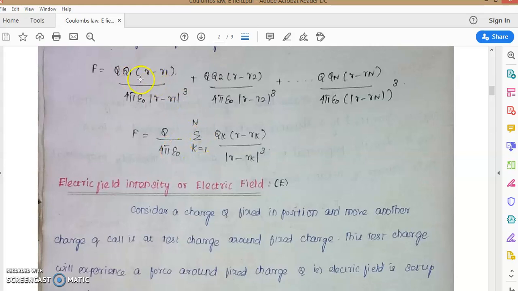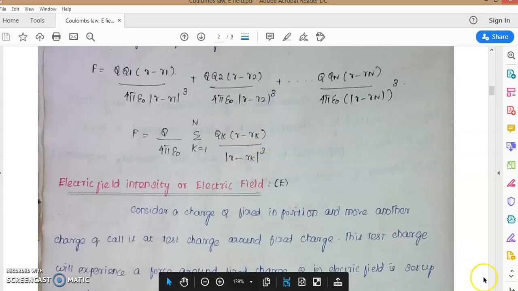Then in order to include the remaining terms, I have used summation k is equal to 1 to n. See here, this r1, r2, etc. goes up to rn. So I have used summation here. Summation k is equal to 1 to n, qk into r minus rk divided by r minus rk the whole cube. This is the equation when we have applied it for more than two charges.